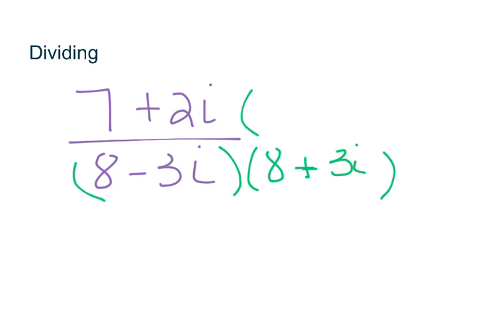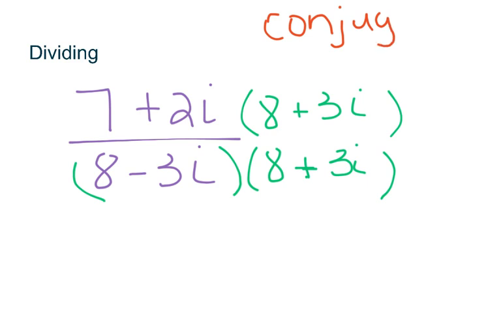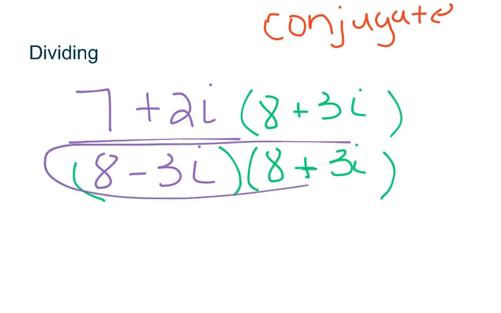But you have to multiply by the conjugate of the denominator. So again, conjugate is the word there. They're identical except one's positive, one's negative. And the reason why we do that is when we multiply these bottom ones, the middle term is going to cancel out.